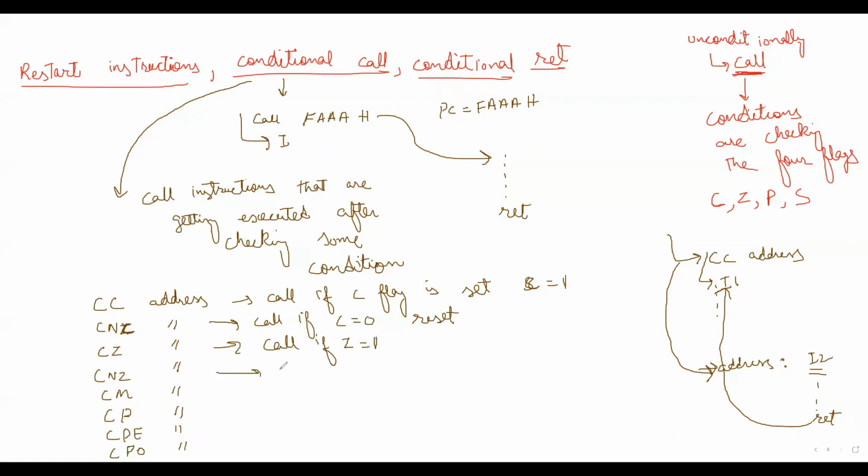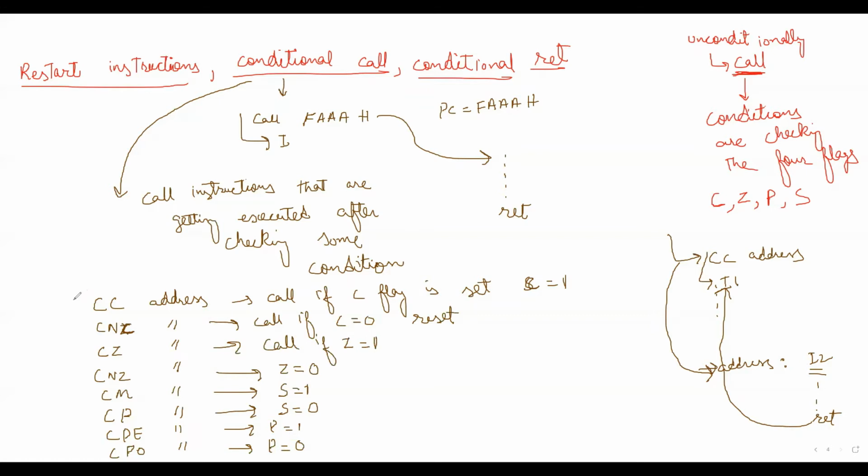This is call if zero flag is reset. This is call minus if sign flag is set. Set means the result is minus. CP means call positive if sign flag is reset. CPE is call parity even, for the parity, if the parity bit is set. And CPO is call parity odd, if parity is odd, is reset.